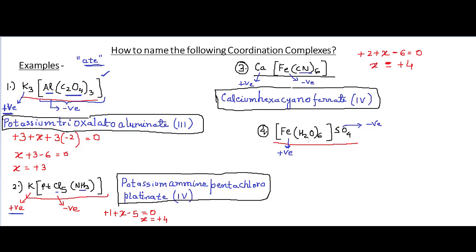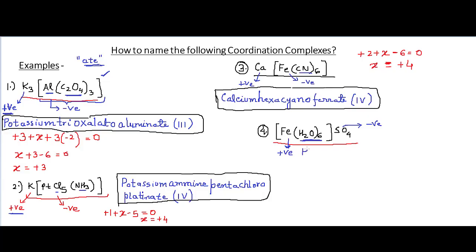The nomenclature within the square brackets will start with the nomenclature of the ligand. So what is the ligand? The ligand is water. In the previous sections we had seen that water is named as aqua, right? That's an exceptional nomenclature for the ligand. How many water molecules? 6.